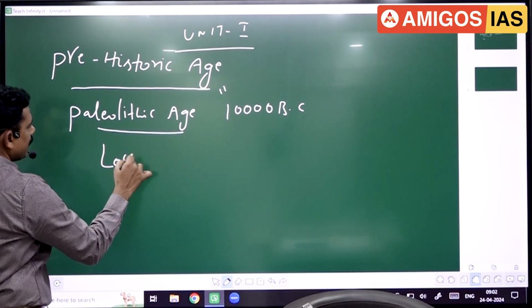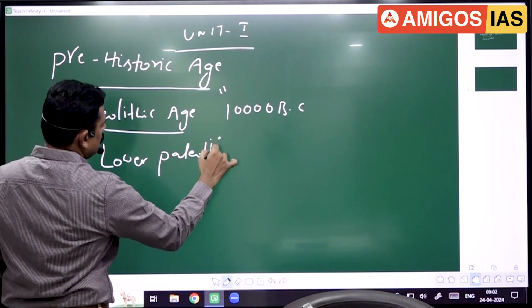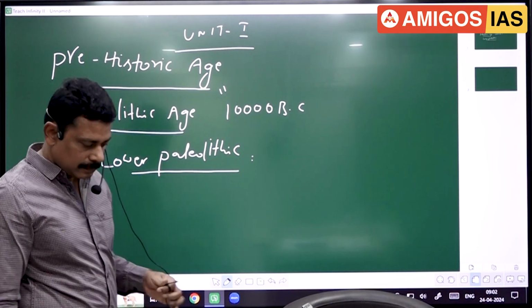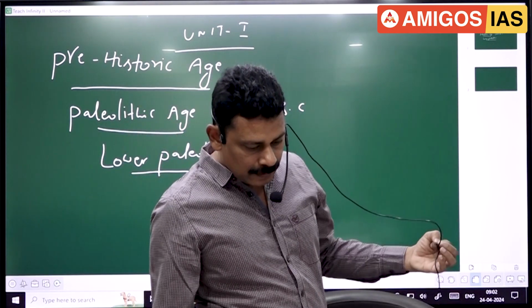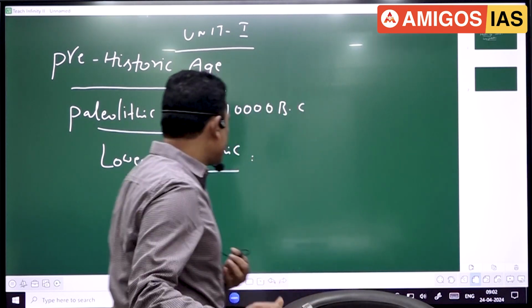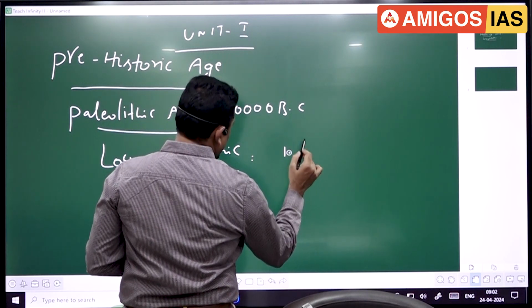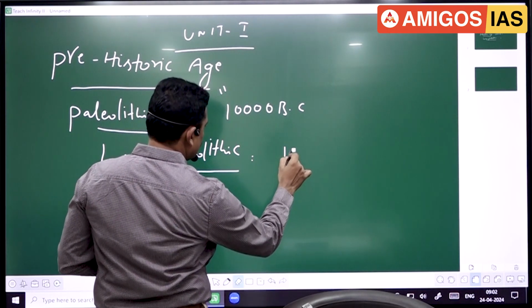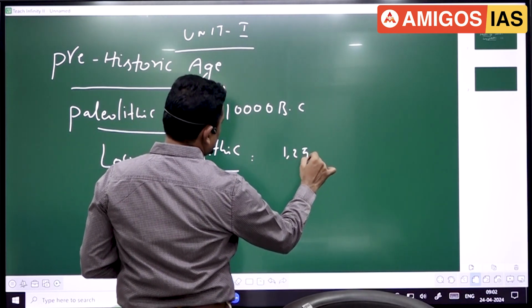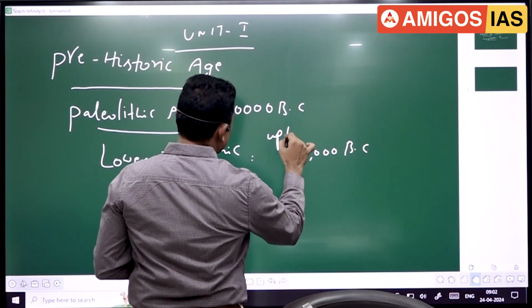Lower Paleolithic is one of the first stages here. It goes up to 1,25,000 BC.